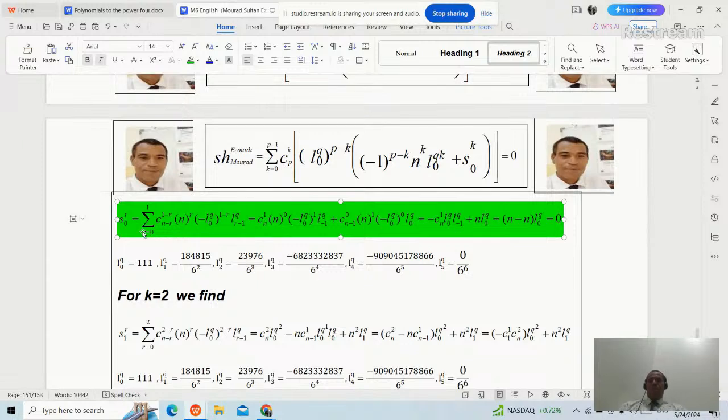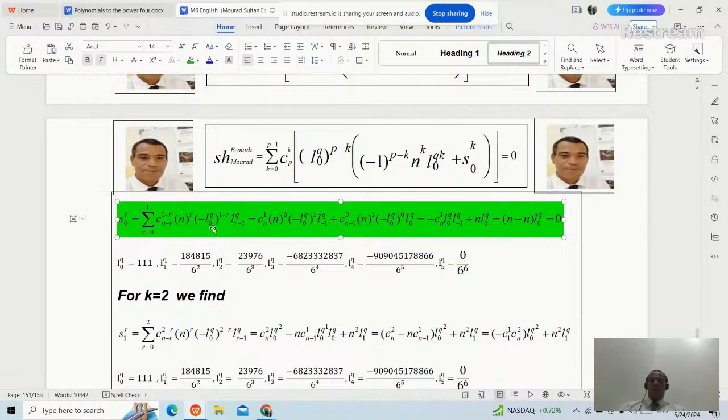S0 of the Q is the sum for R equal to 0 to 1 of combination n minus r choose 1 minus r, n raised to the power r, times minus L0 of the Q, all raised to the power 1 minus R, times L r minus 1 of the Q. This gives you, when R equals 0, C1 of n minus 0, which is n, then n to the power 0, times minus L0 of the Q to the power 1, because 1 minus R, times L minus 1 of the Q, because R is 0, and 0 minus 1 is minus 1.